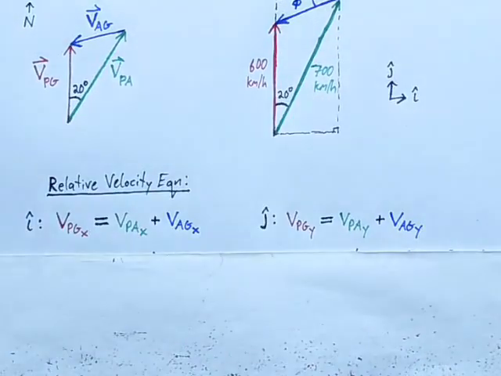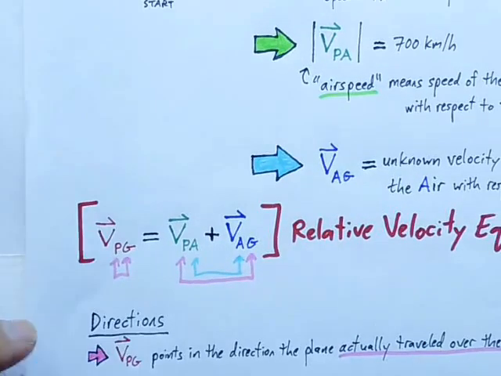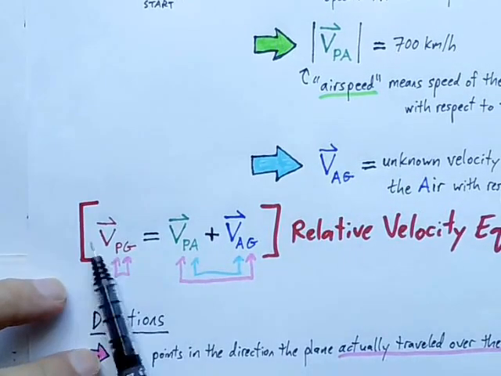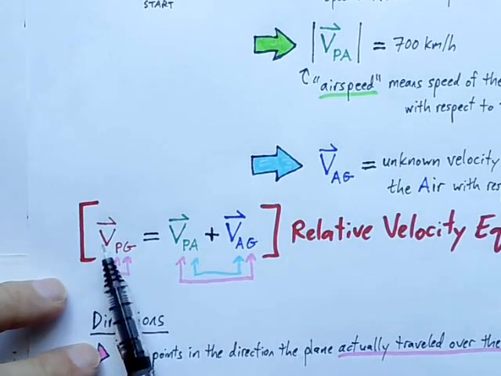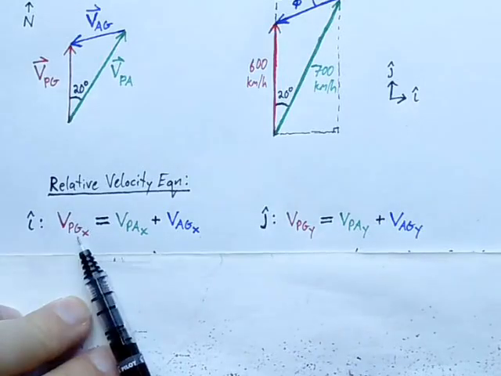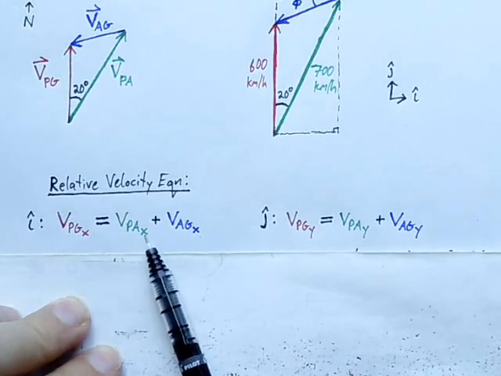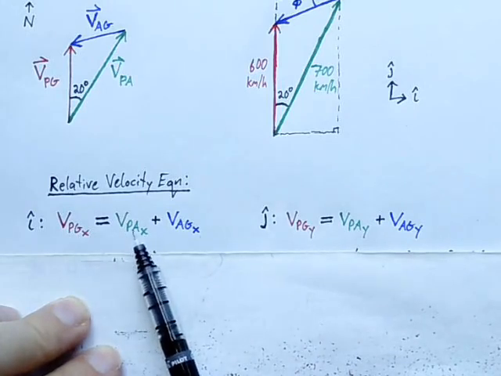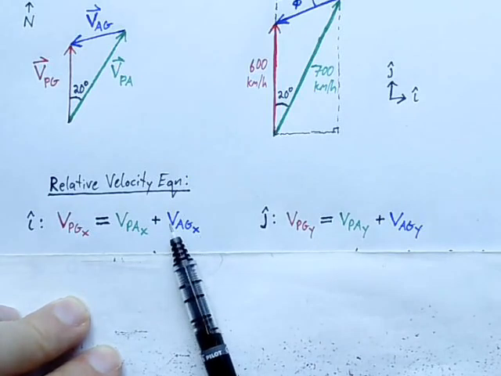Since it's a vector equation, any vector equation really represents multiple equations: one equation for the x direction and one equation for the y direction. So the x component of the velocity of the plane with respect to the ground must equal the x component of the velocity of the plane with respect to the air plus the x component of the velocity of the air with respect to the ground.